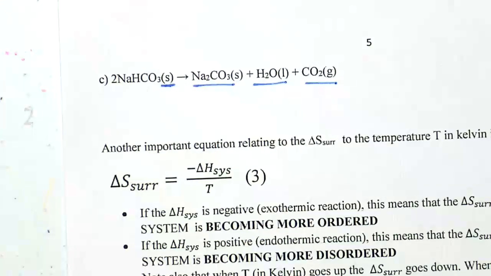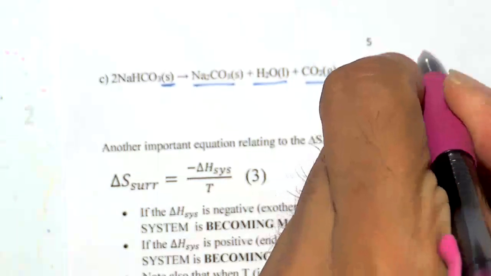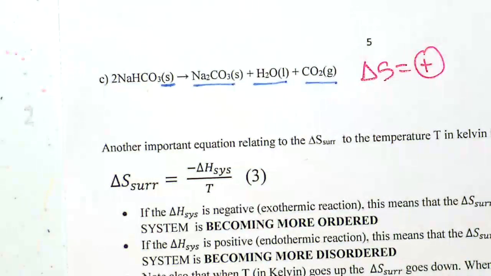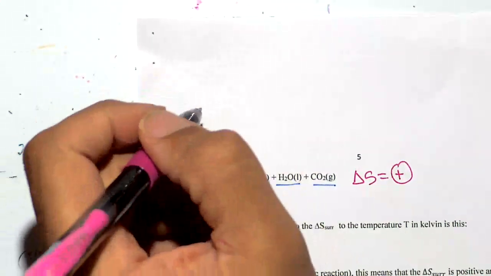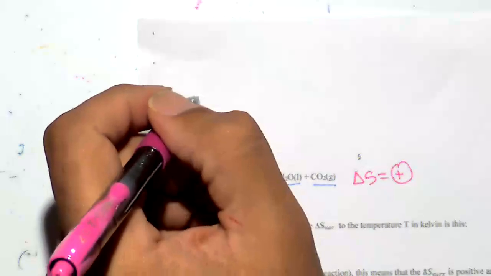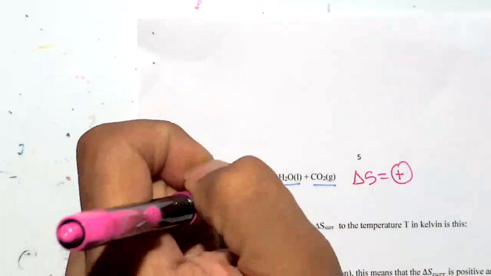What do you think the delta S would be, positive or negative? Okay, definitely positive. All right, I think so too. This is our prediction. Let's go ahead and see what that's going to be. So sum of the products minus sum of the reactants.